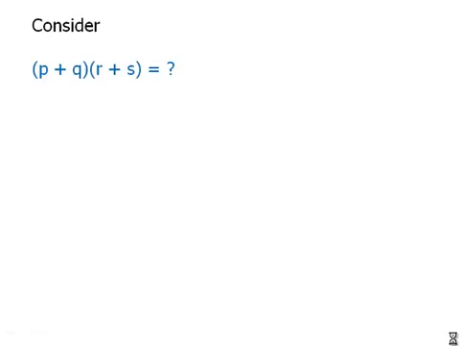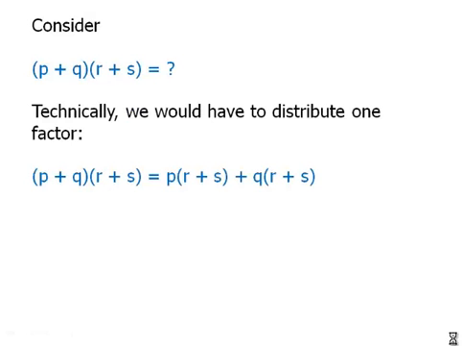So think about this. Here we have two binomials, that is to say, two factors, each of which involves the addition of two terms. And so how do we distribute? Well, technically, we would have to distribute one factor. And so let's say that second factor, r plus x, that whole thing as a factor, we'd have to distribute it across the first addition.